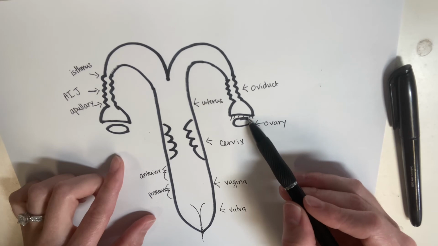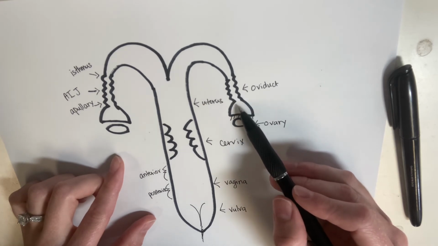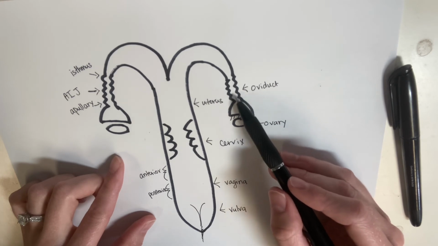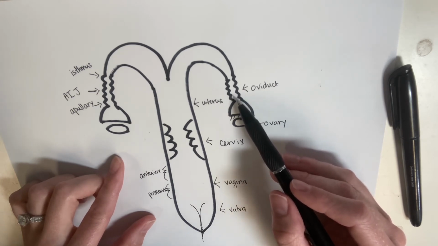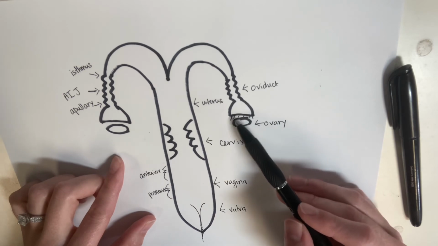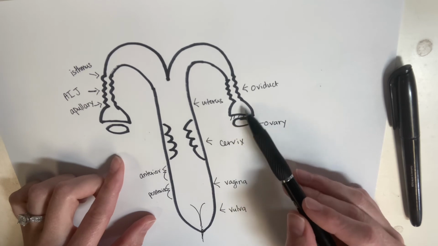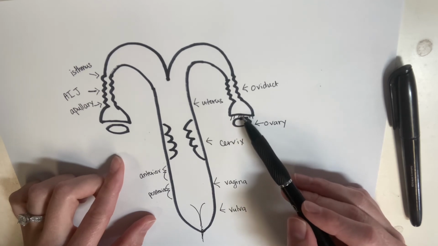So these fimbria sweep the egg up into the infundibulum so that fertilization can occur. In some species, the infundibulum will hover over the ovary like we have here, or in other cases, it will be directly connected to it.